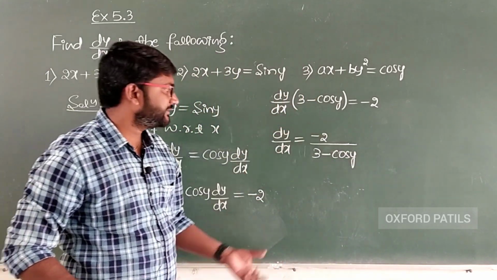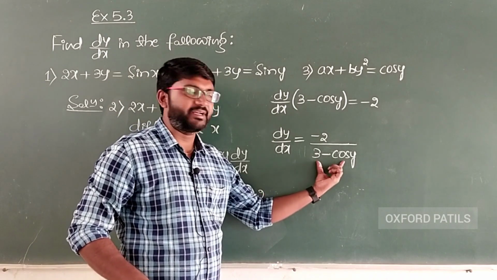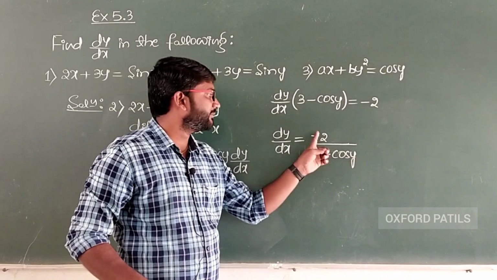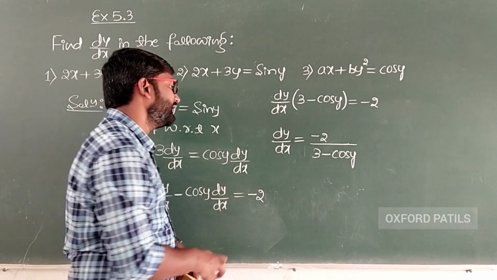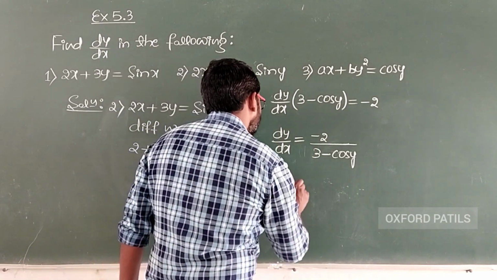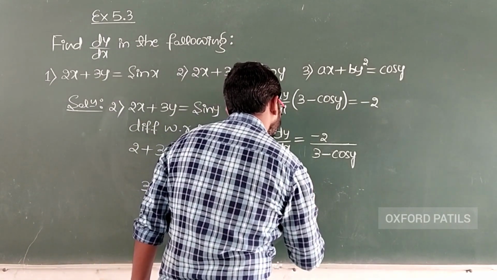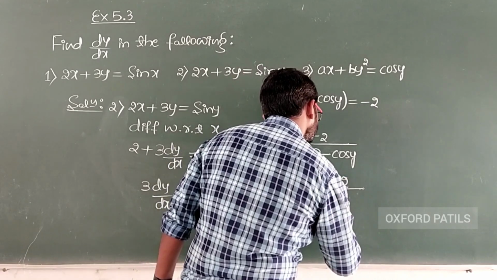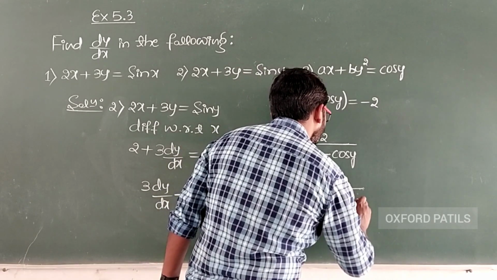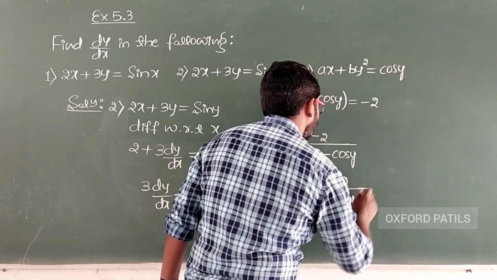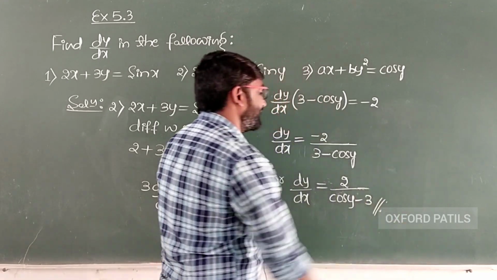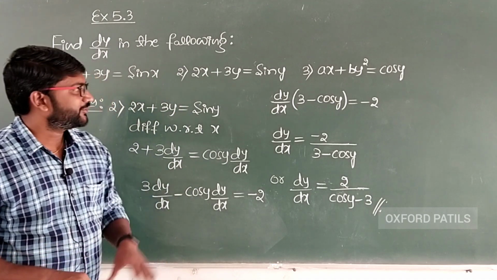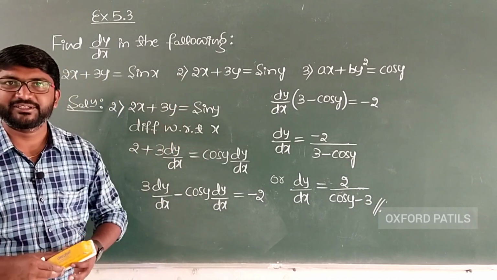It can also be written as, if you take minus common in the denominator, these two terms will be reversed and minus gets cancelled. Or dy by dx is equals to 2 divided by cos y minus 3. So this is the required answer for the question number 2. Note down this and then we'll take up question number 3.